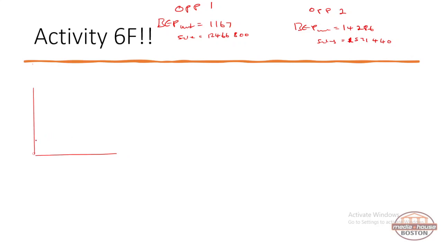Okay, when you make the graph, you're going to have your fixed cost here, sitting somewhere here. So this will represent units. This will represent cost and revenue. So when there is no production, we expect this to be our fixed cost. So our fixed costs have been given there as a total of 224,000.